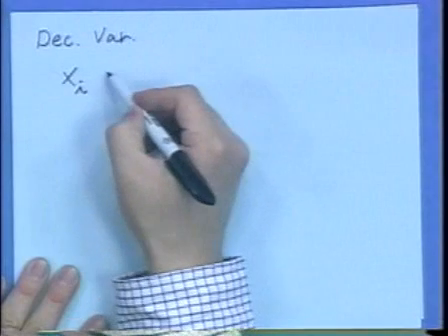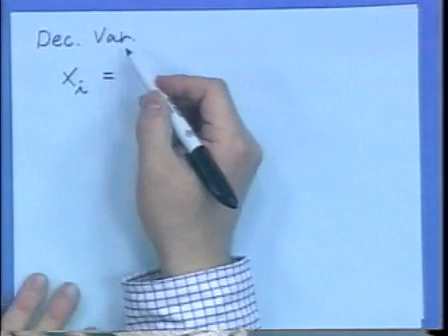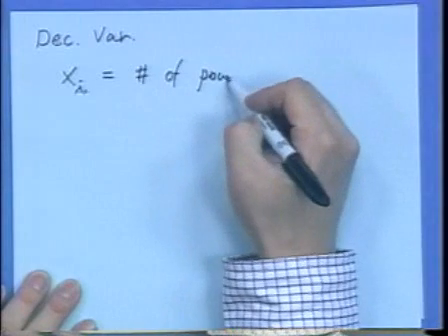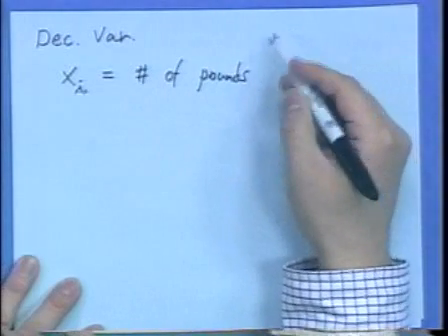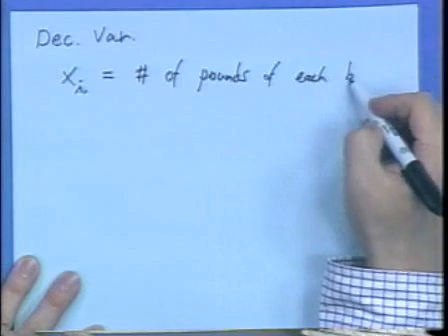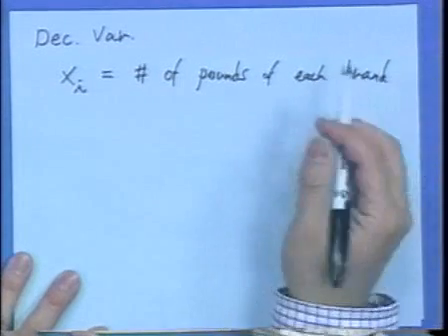Let's say x of I represents the total number of pounds of each brand produced, right?